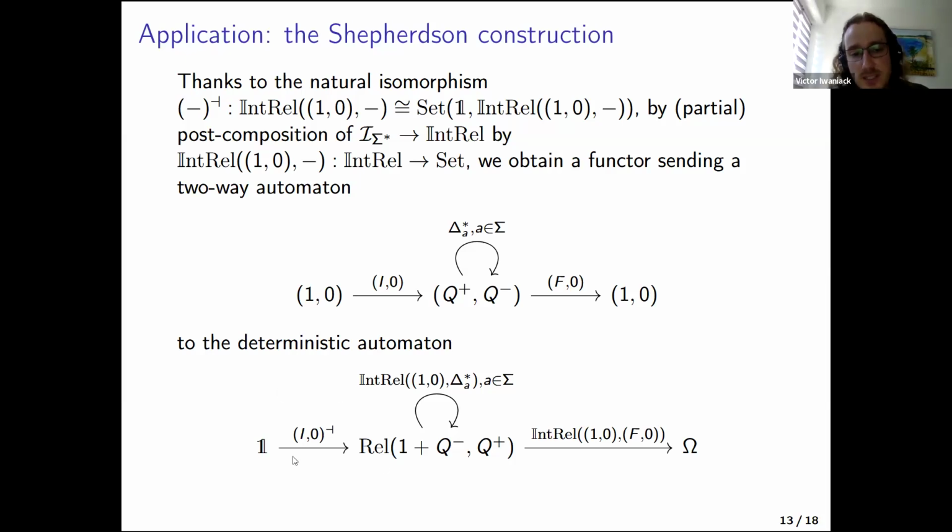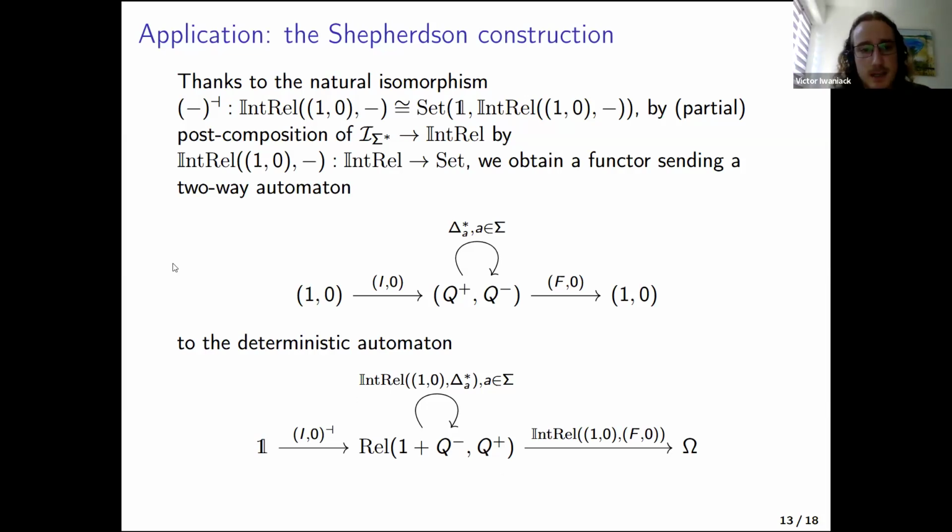So I can represent it as a function from a singleton to IntRel of (1, 0), (Q+, Q-), which happens to be the set of relations from 1 plus Q- to Q+.